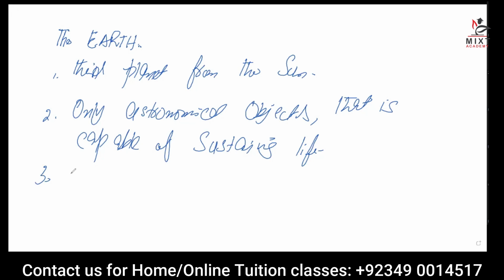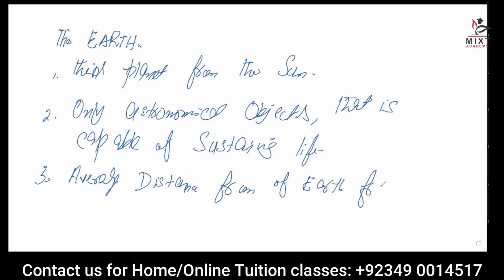So the average distance of Earth from the Sun is 150 million kilometers.